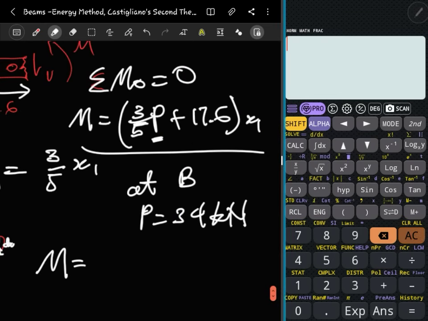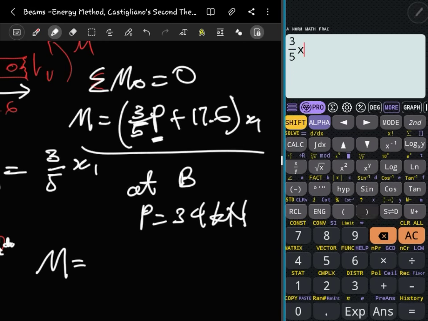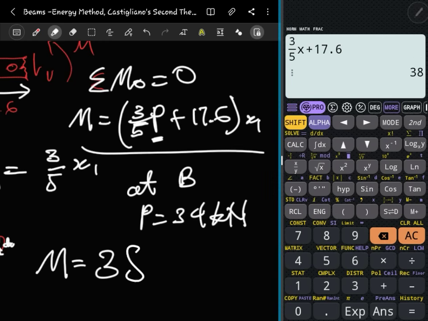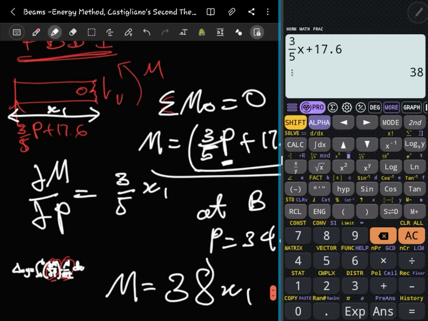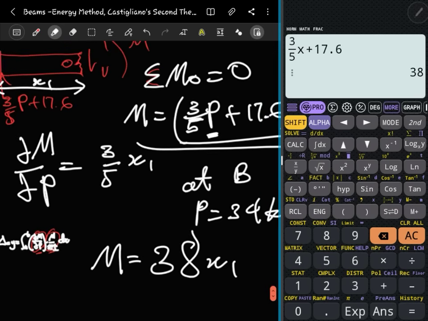So we have 3 on 5 times P times X plus 17.6, and we have X equal 34. So now we get our M to be 38. This is for the inside. We have an X1 outside, for free body diagram 1. So we have the two things that we need as we saw earlier. So now we move on to free body diagram 2.